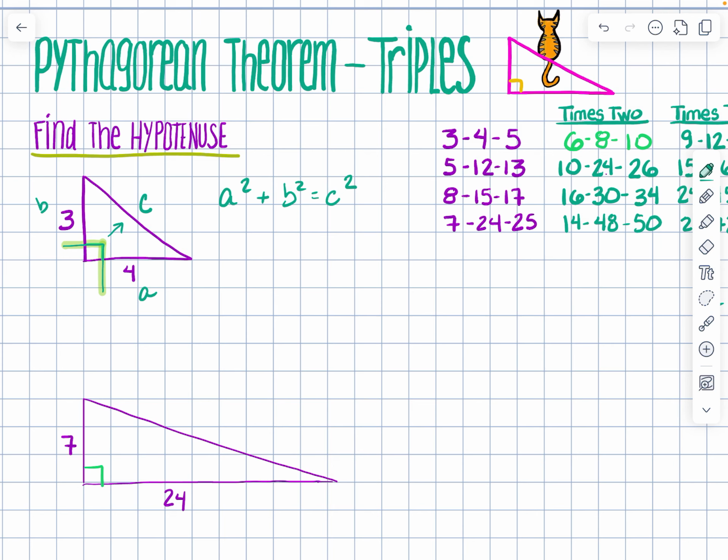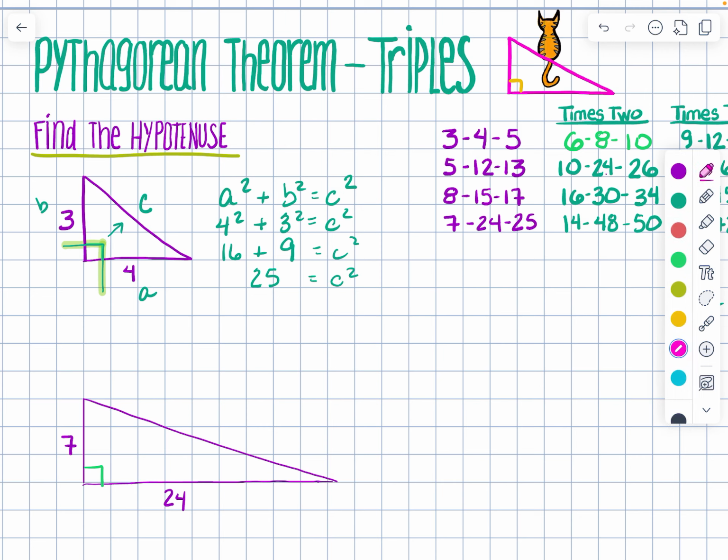So if a is 4, I've got 4 squared, and if b is 3, I've got 3 squared, and that equals c squared. And 4 times 4 is 16, 3 times 3 is 9, and 16 plus 9 is 25, equals c squared.